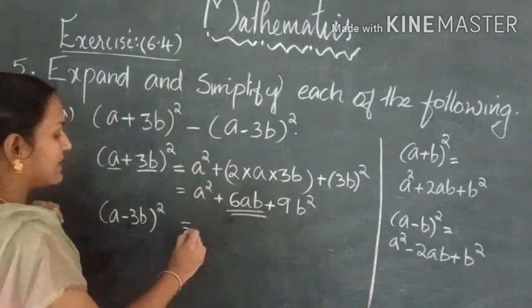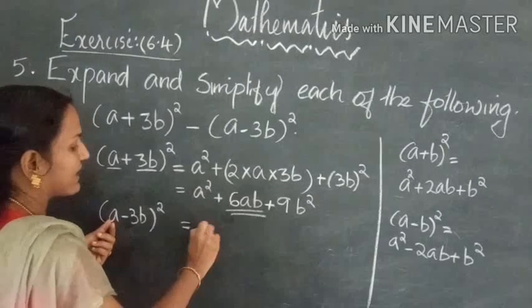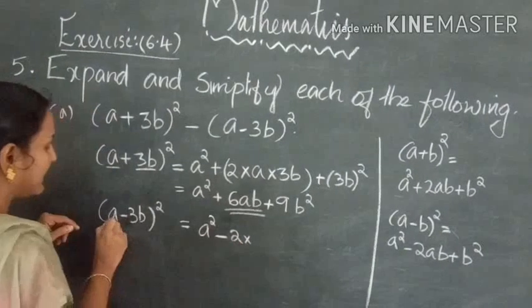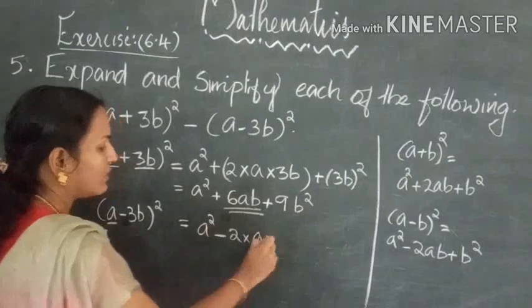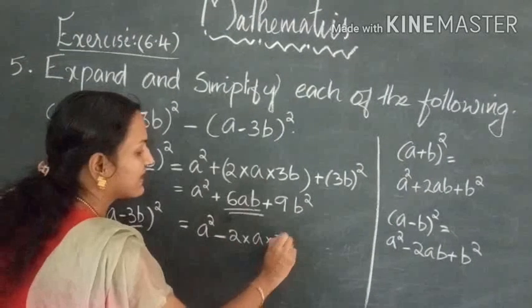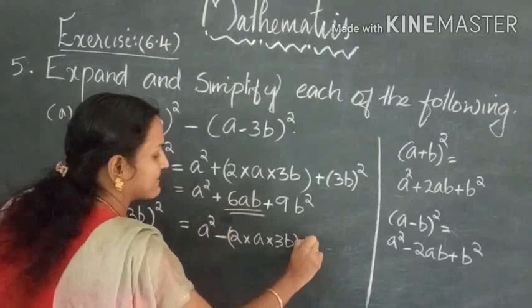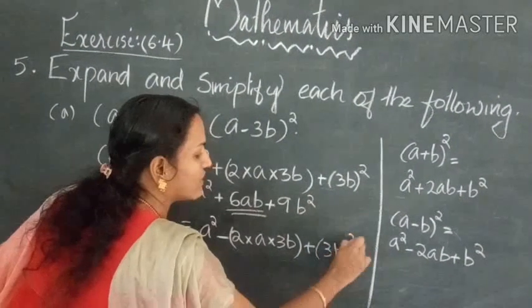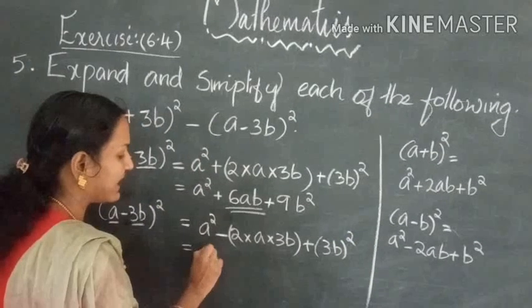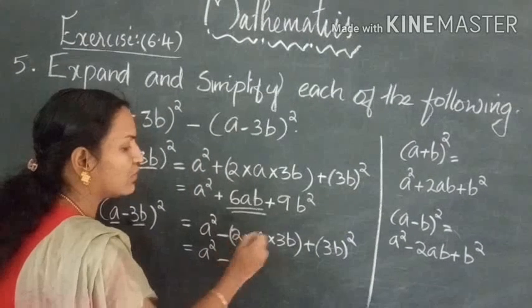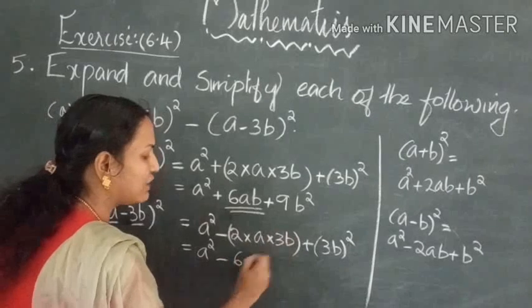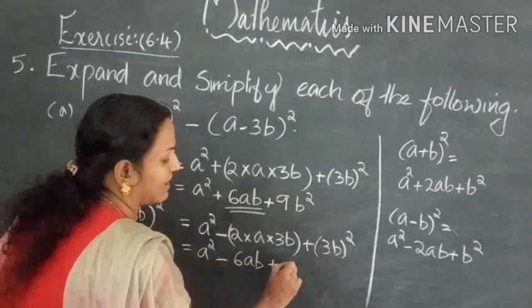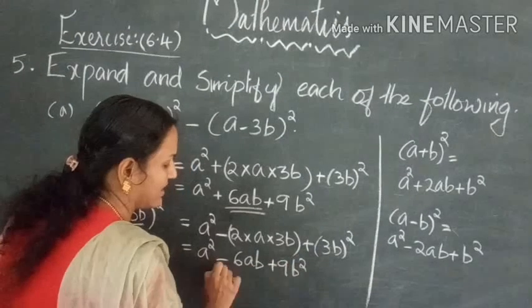So a square minus 2 into a into 3b, which is 6ab, plus the last term (3b) the whole square, 3 square b square, 9b square.